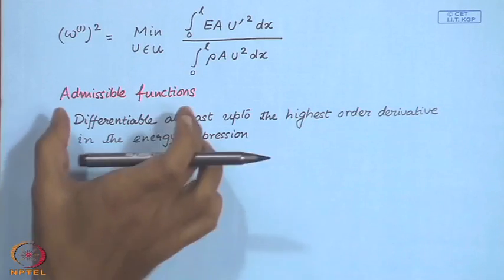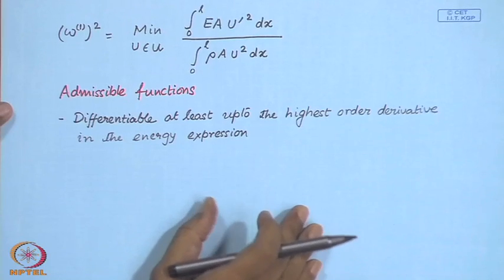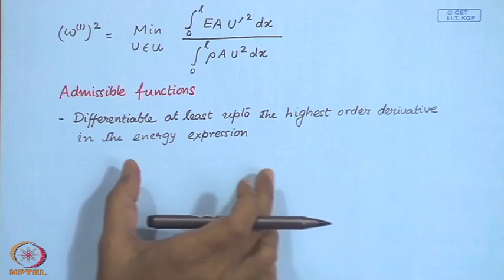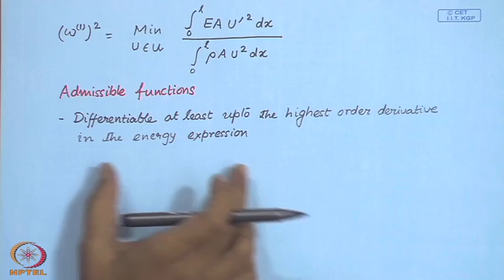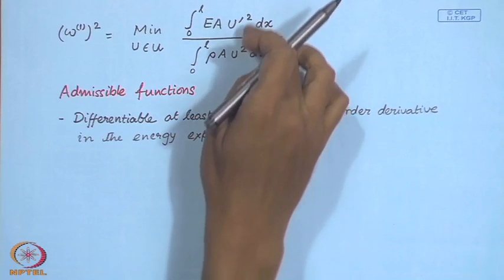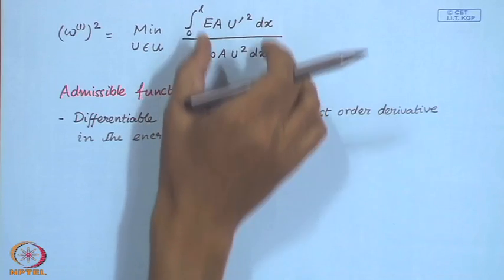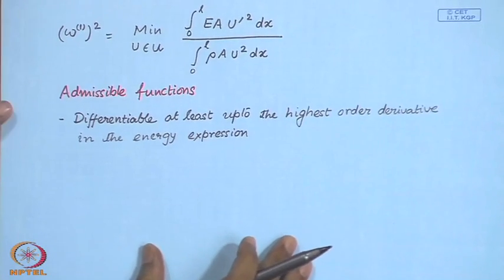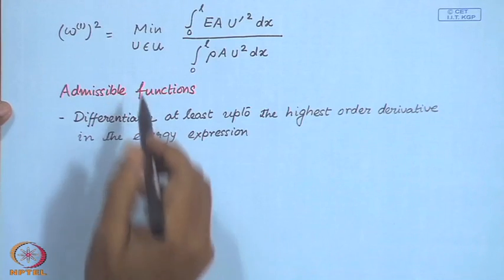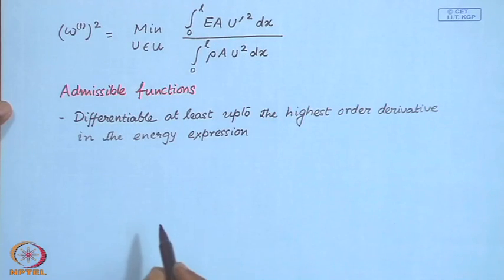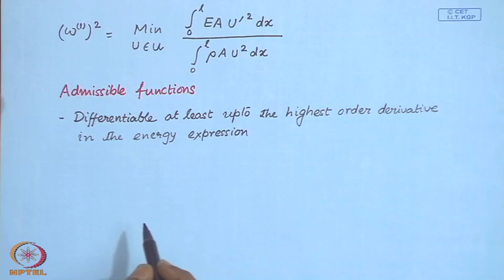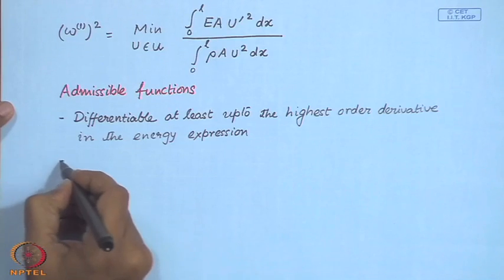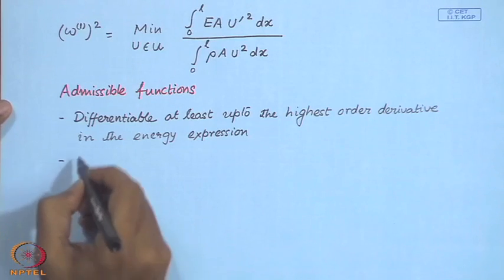Of course, these functions are spatial functions. In the example that we are considering, the highest order of space derivative is 1. So, the set of admissible functions should be differentiable up to first order.